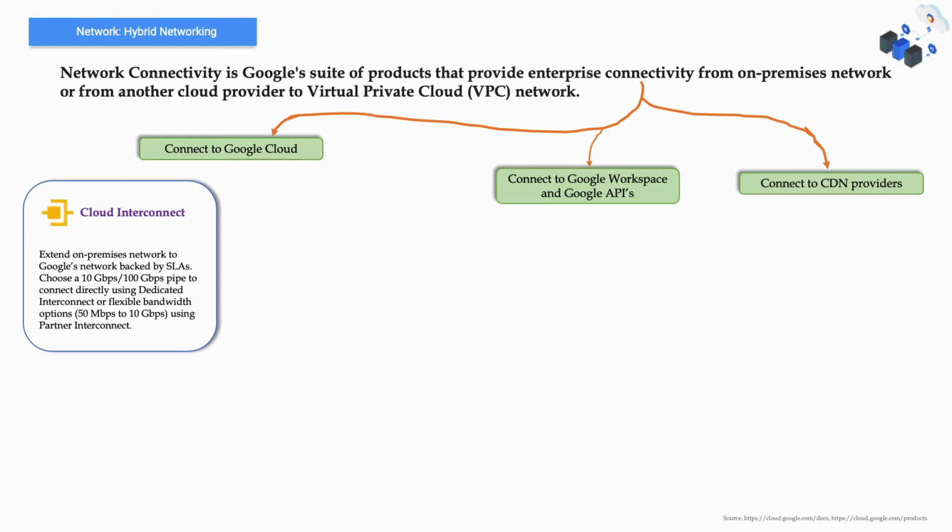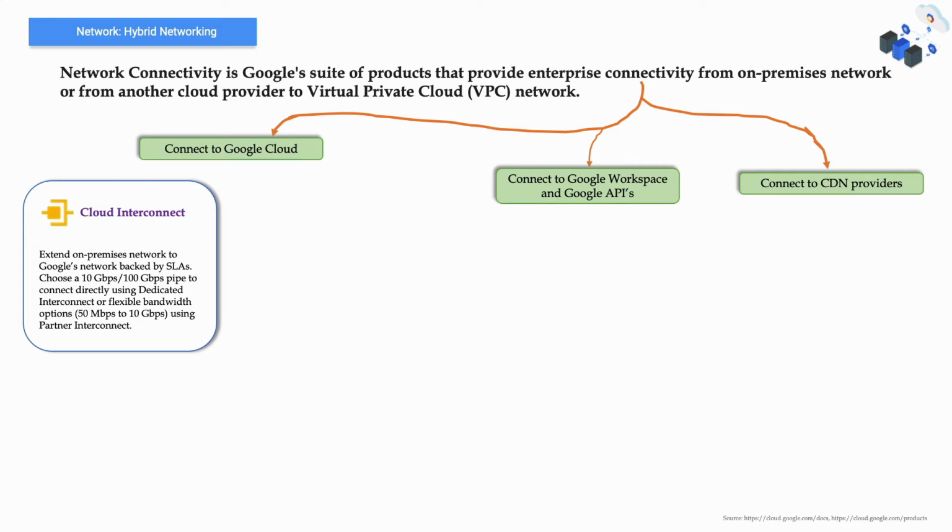So you have these two options depending upon where your enterprise is located. If you are located in the same place, Dedicated Interconnect basically gives you a 10 gigabytes per second or 100 gigabytes per second pipe to connect to Google Cloud.